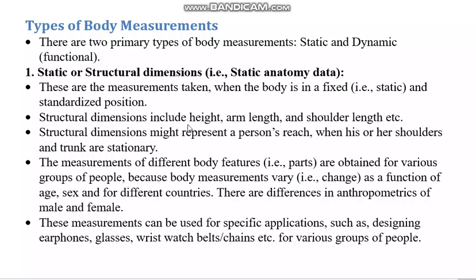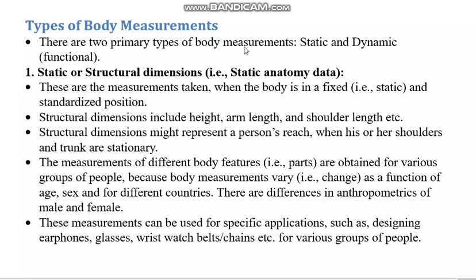Structural dimensions can be height of a person, arm length, shoulder length, etc. Structural dimensions might also represent a person's reach, how far he can reach with his hands when his or her shoulders and trunk are stationary.